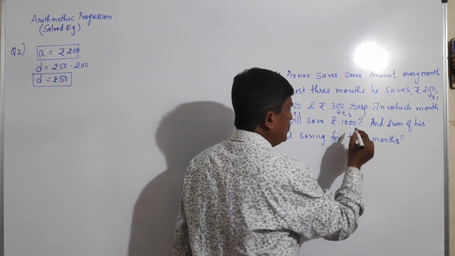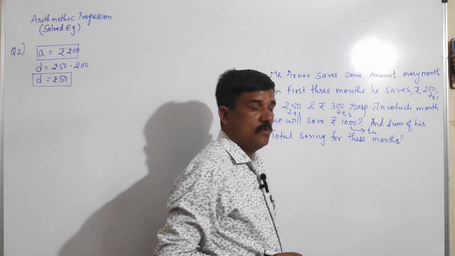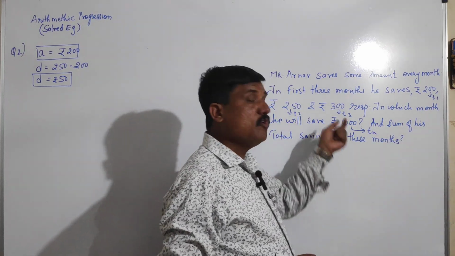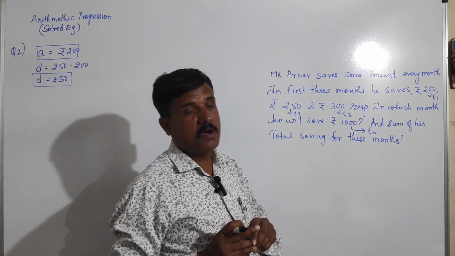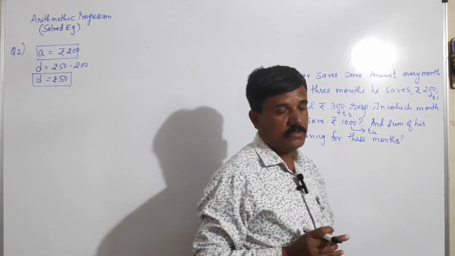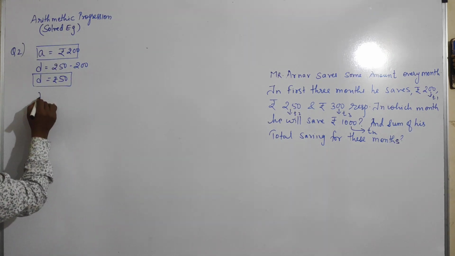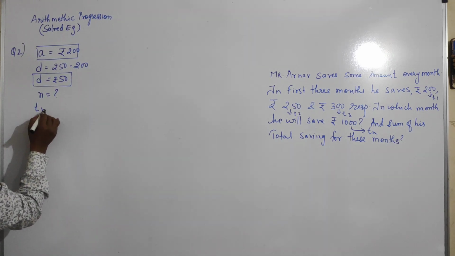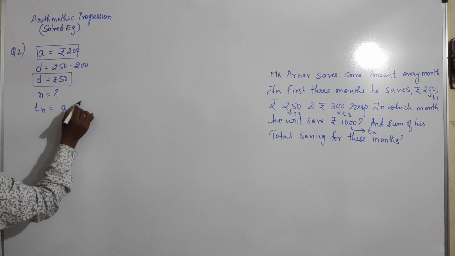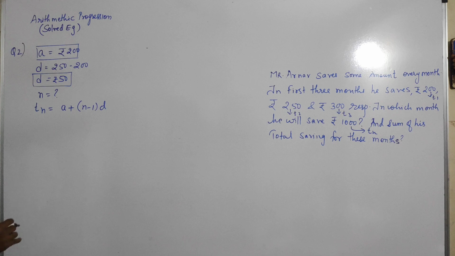This is your Tn. In which month will he save rupees 1000? Therefore, n is not given to us. But Tn is equal to a plus bracket n minus 1 d. This is the formula for Tn.